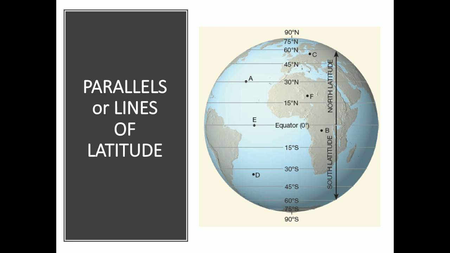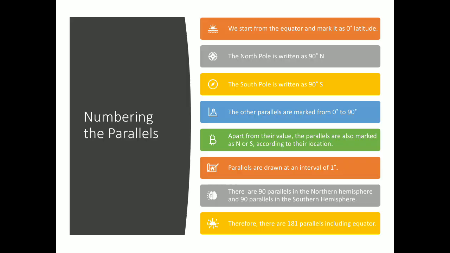So by adding 15 degrees we can reach the pole when we reach the place which is 90 degree north. We will reach the North Pole, and when we go towards the southern side, when we reach 90 degree from the equator, then we will reach the South Pole.